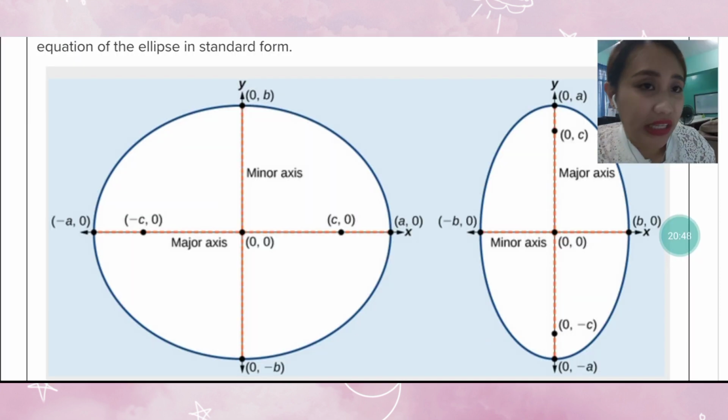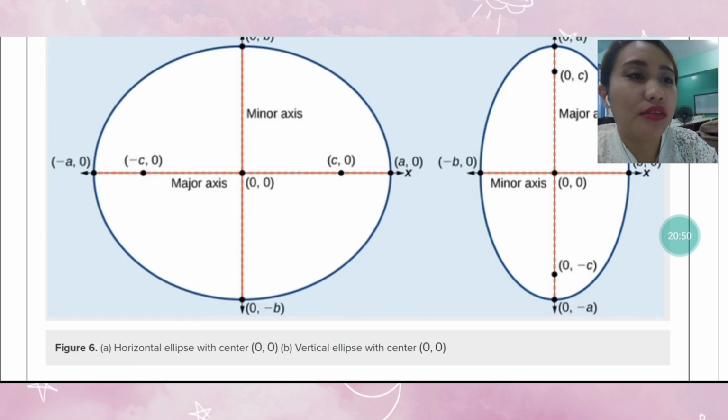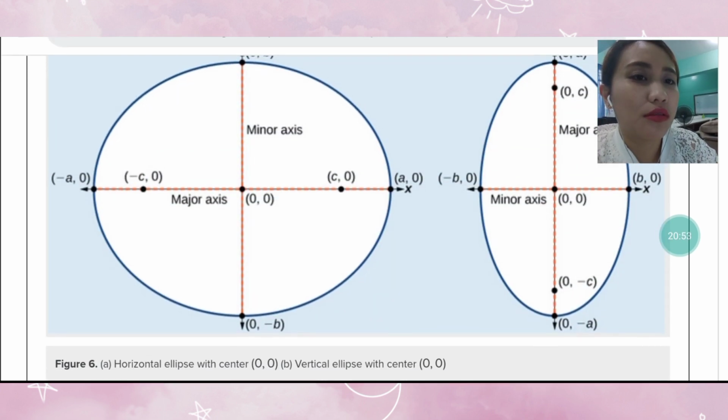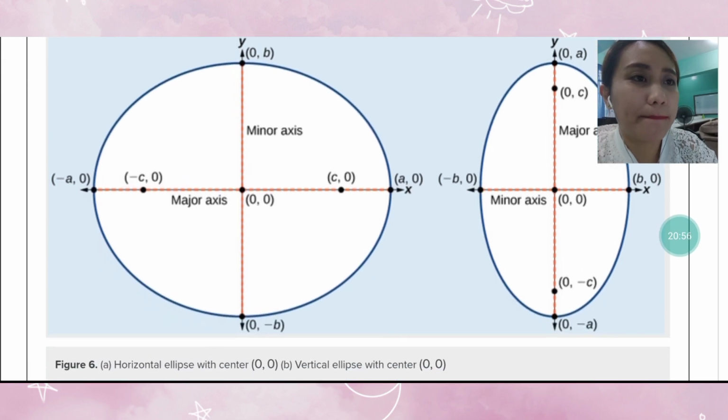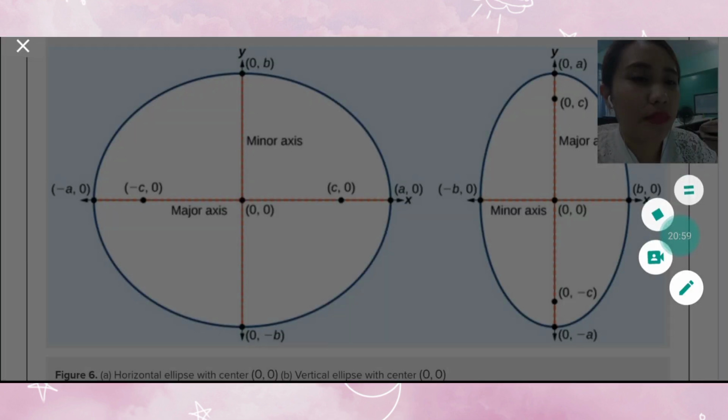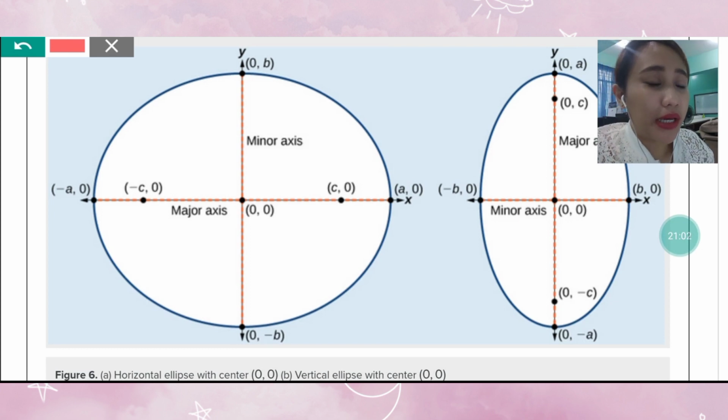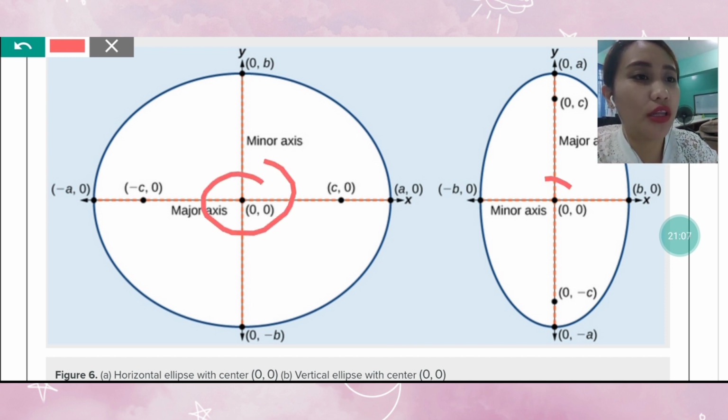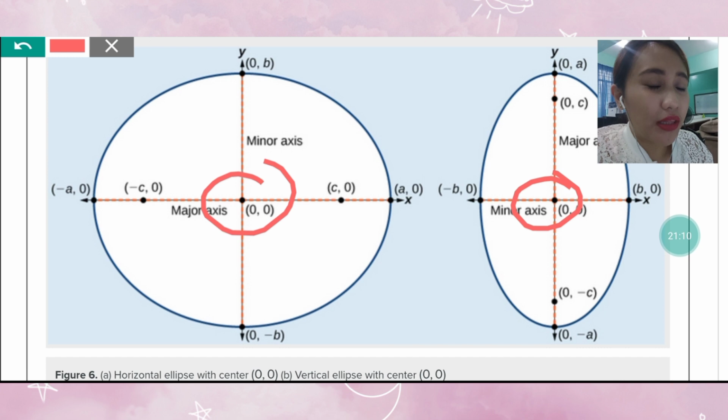Now let's take a look at these diagrams. By the way, the centers of these ellipses are at the origin, so the coordinates are, of course, 0, 0. The first one is a horizontal ellipse, wherein the equation is x squared over a squared plus y squared over b squared is equal to 1.